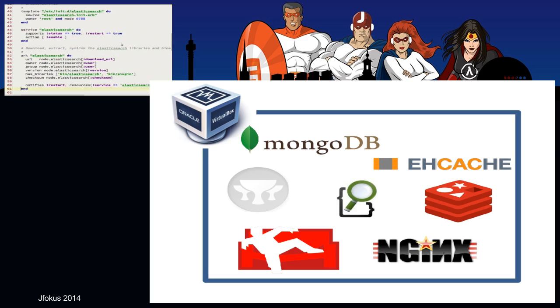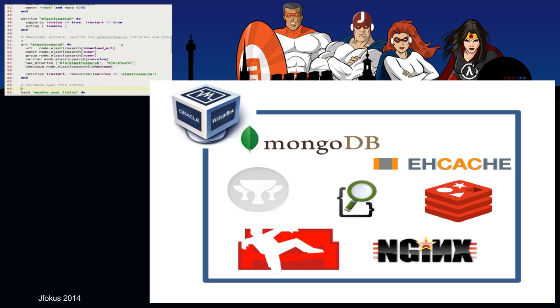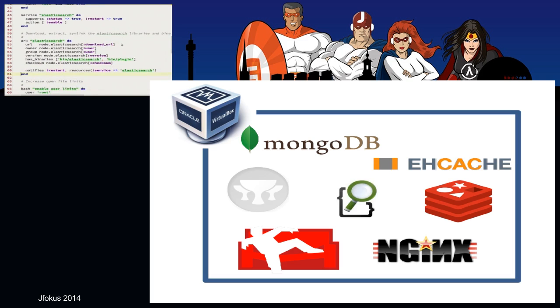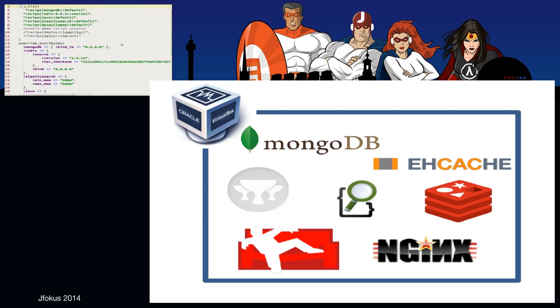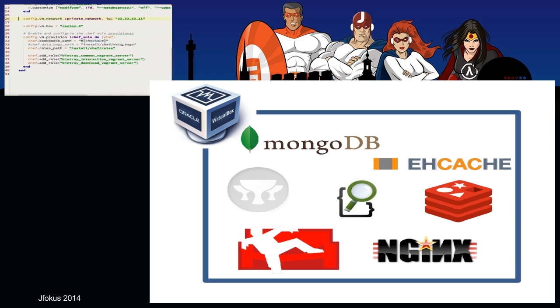You can see here we verify that it has the needed binaries and start the server, give the correct permissions, etc., etc. This is another recipe which actually runs a list of various recipes inside, and this one is going to run the Mongo, Redis, Java, Elasticsearch setups for us. Yeah, this one I already showed.